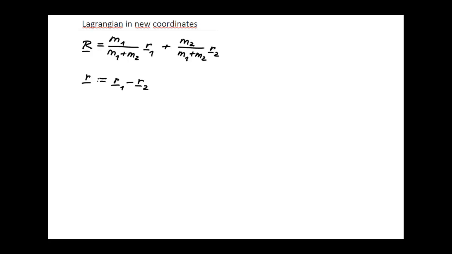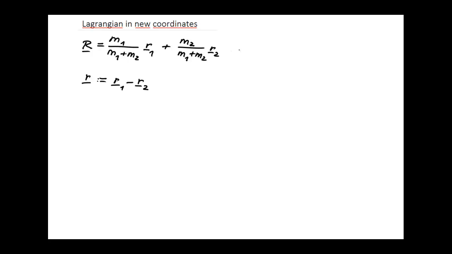Now the new form of the Lagrangian, the starting point is this transformation law that I gave on the previous page that expresses the new coordinates in terms of the old coordinates. What we need in order to obtain the new form of the Lagrange function, we need the reverse. We need to express the original coordinates in terms of the new coordinates.